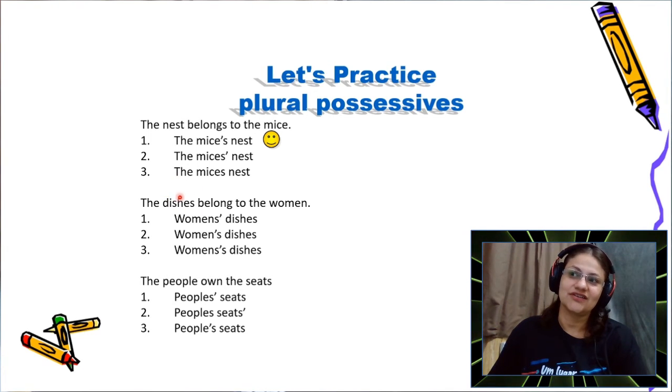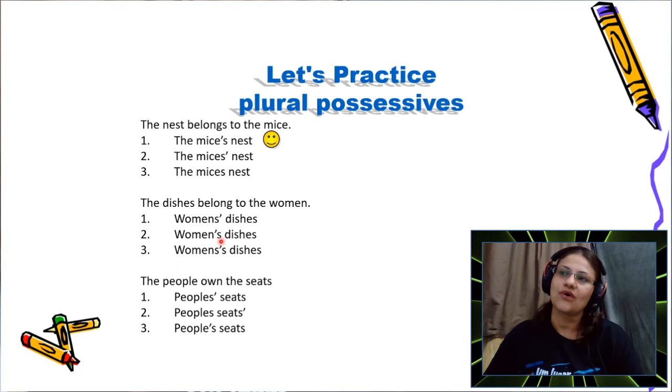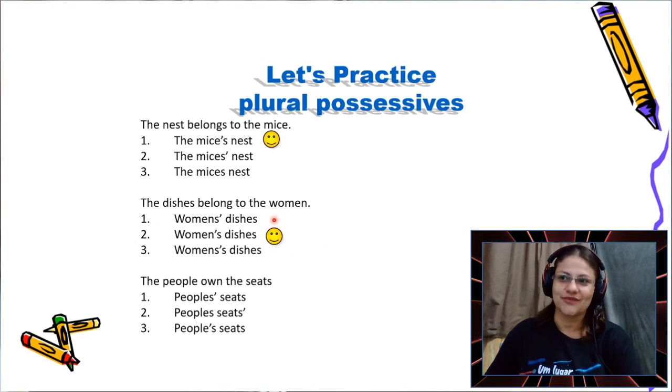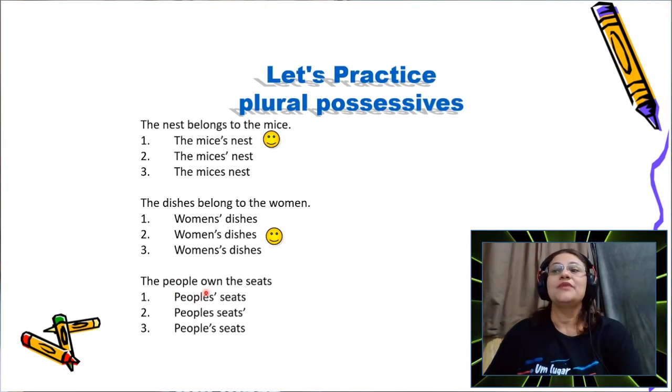These dishes belong to the woman, so I have to write woman's dishes with apostrophe and an S. Number 2 is the correct answer, because woman is a singular noun here, and I just add the apostrophe and an S.